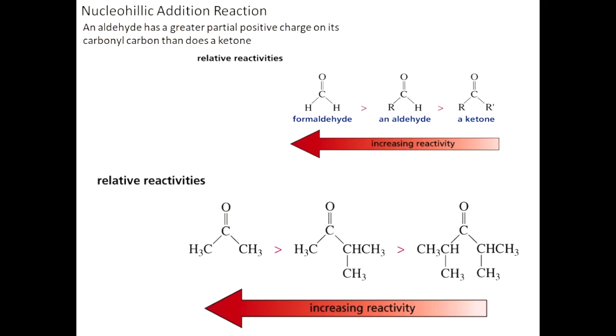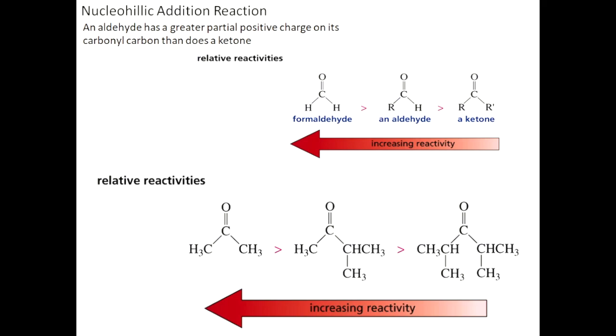Now, in the general nucleophilic addition reaction, an aldehyde has a greater partial positive charge on its carbonyl carbon than a ketone. So if we compare ketone and aldehyde, aldehydes are more reactive because they have a proton, and ketones are less reactive, or less polar, compared to aldehydes.